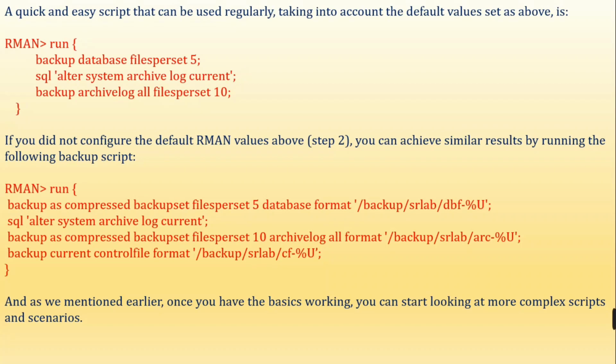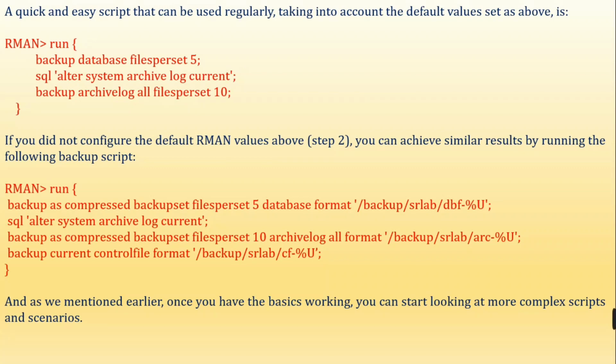If you did not configure the default RMAN values above in step 2, you can achieve a similar result by running the following backup script in the run block: backup as compressed backupset filesperset 5 database format; sql alter system archive log current; backup as compressed backupset filesperset 10 archivelog all format; backup current controlfile format.